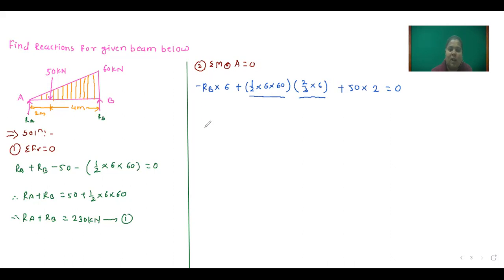So we will shift this minus RB into 6 to the right side. So 1/2 into 6 into 60, this is the force, and the perpendicular distance is 2/3 into 6, plus 50 into 2 is 100, which is equal to 6 RB. So you calculate this and tell me what is the value.